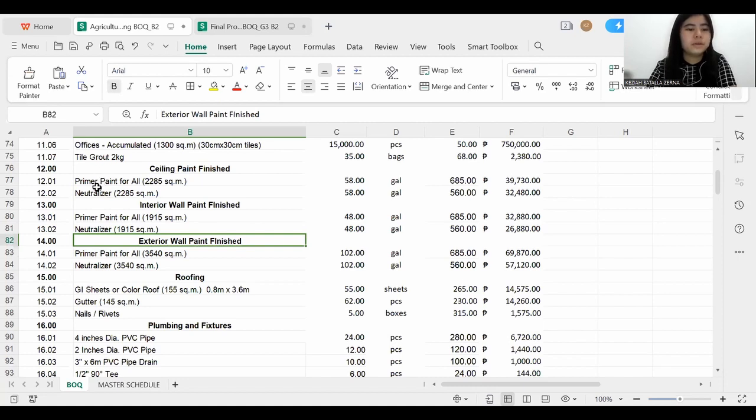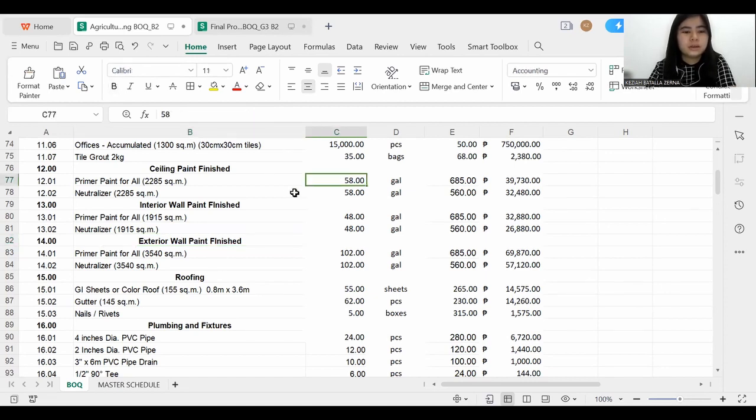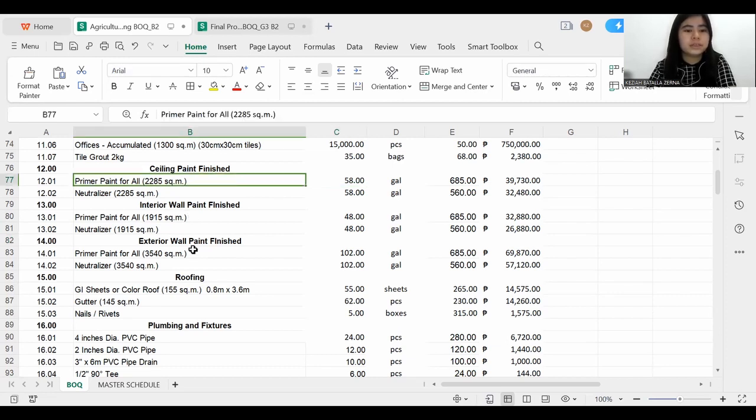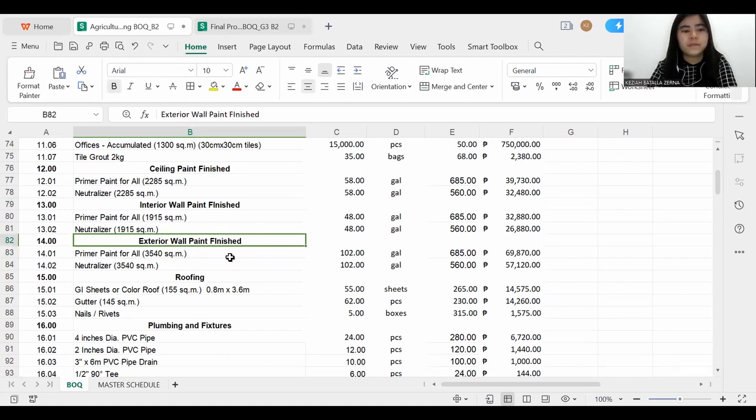The materials are primer paint and neutralizer, which are the same for all of these items. For the quantity, I calculated the surface area of the ceiling, interior wall, and exterior wall. Note that these calculations are for the entire agricultural building.